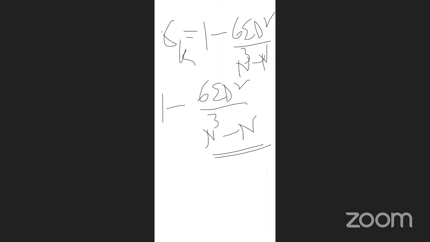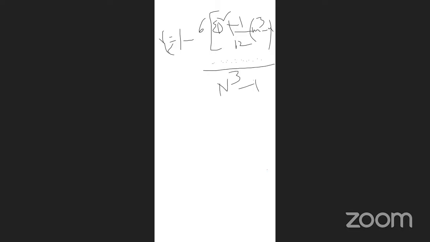Rank correlation is equal to 1 minus 6, open the bracket, sigma d square plus 1 by 12 into m cube minus m, where m is how many times the rank is repeated, divided by n cube minus n.